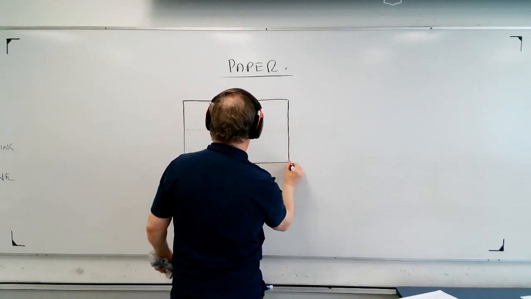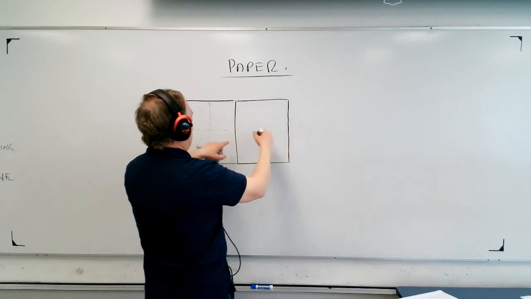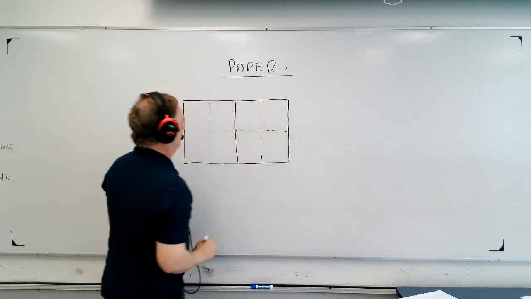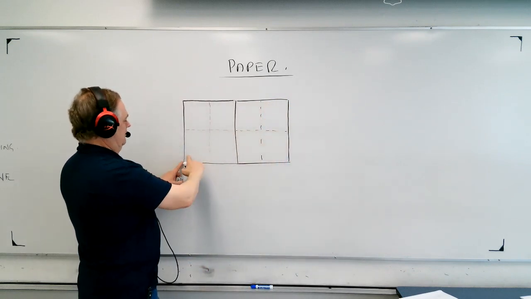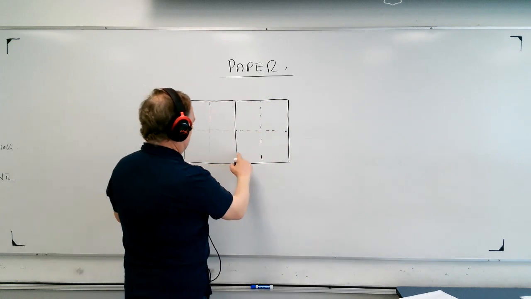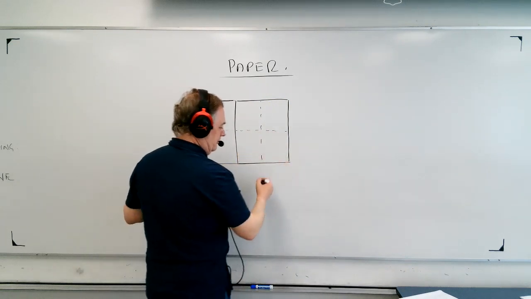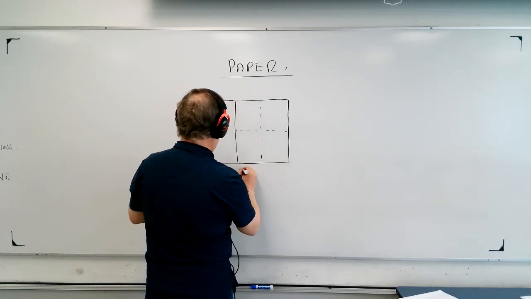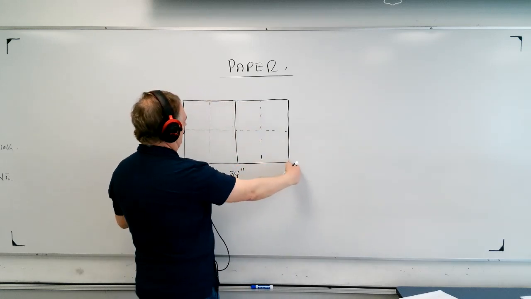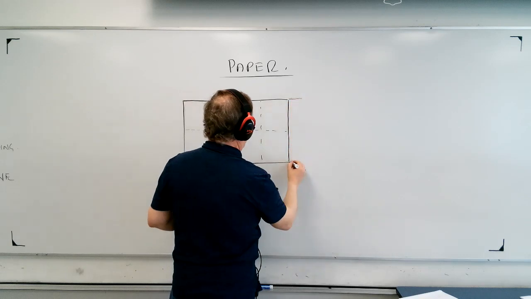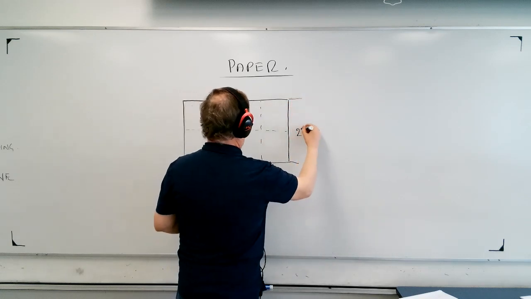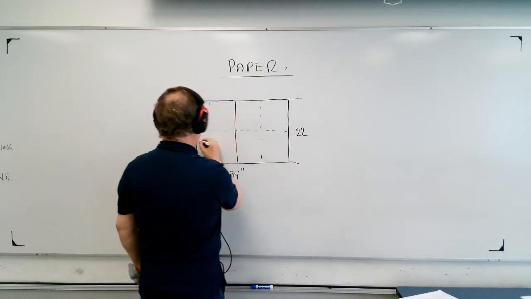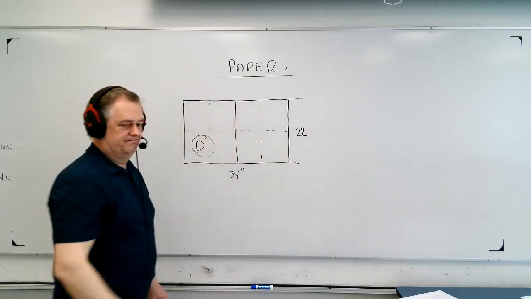So now I'm up to the equivalent of 8 single sheets of paper. And if you think about it, this is 8.5, 17 times 2 is 34, right? So that's 34 inches wide. That's the landscape view. And this is going to be 22, okay?